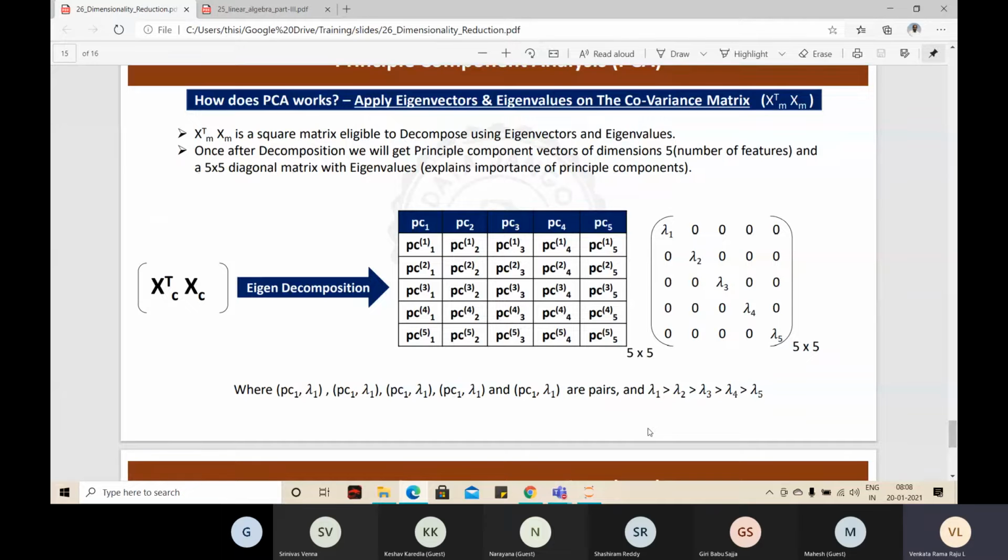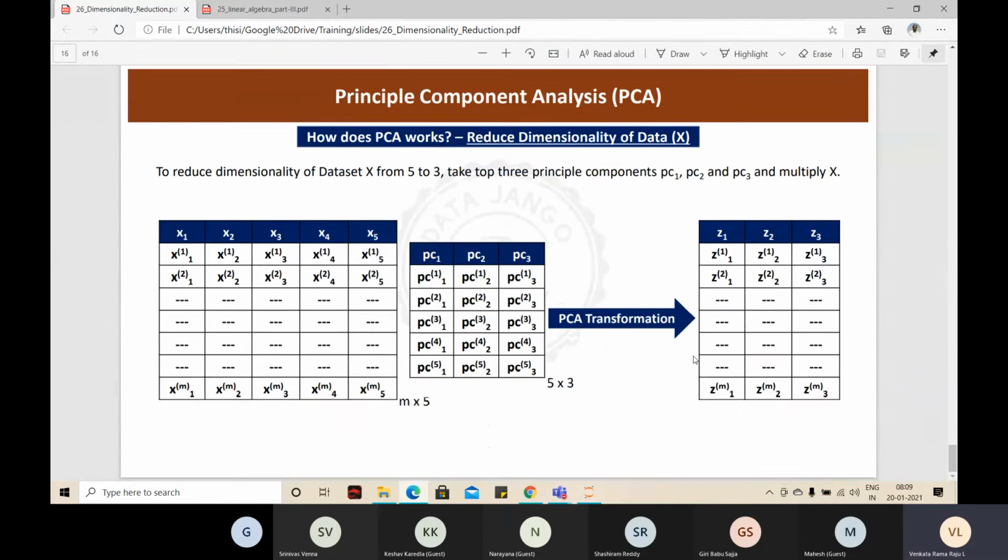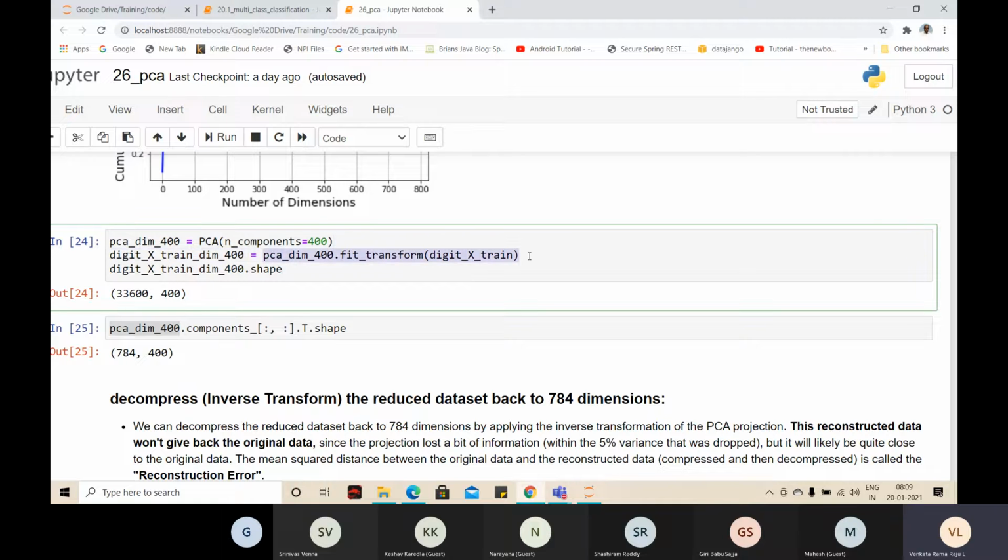This is all fit. Based on n components is equal to 400, it is transforming it. That is the transform operation. Got it? In a single shot, it is done. This one statement did all the operations it needs to do.